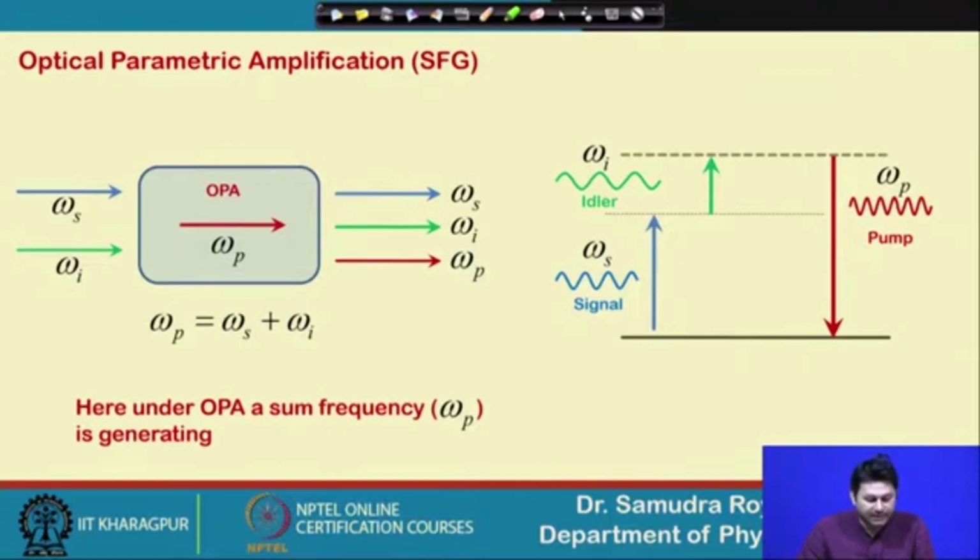On the left hand side the figure is almost the same. This is a schematic figure of how sum frequencies are generated: if I launch omega s and omega i, the frequencies of two fields, then due to this optical parametric amplification process one can expect a new frequency to be generated, and that new frequency is omega p, which is the summation of these two frequencies.